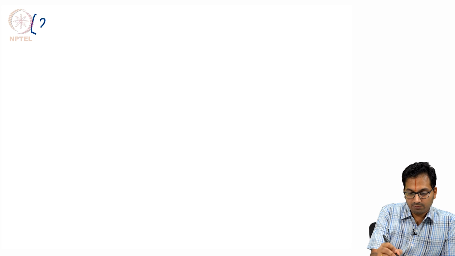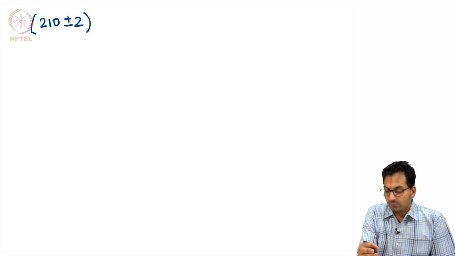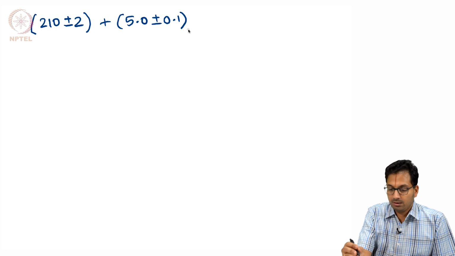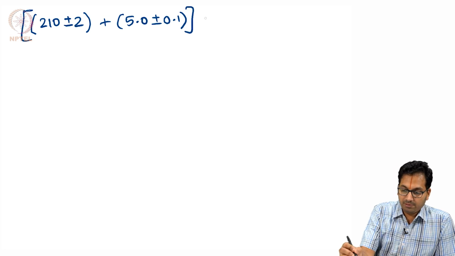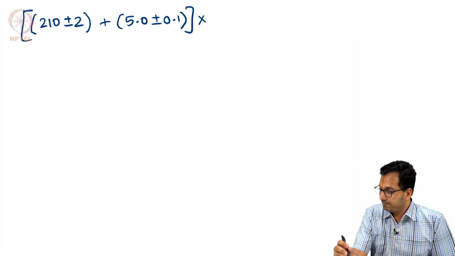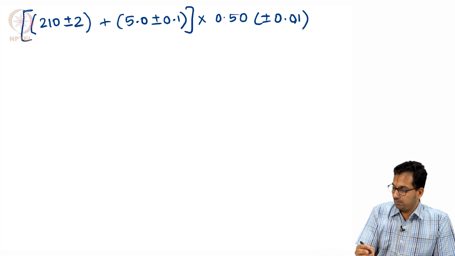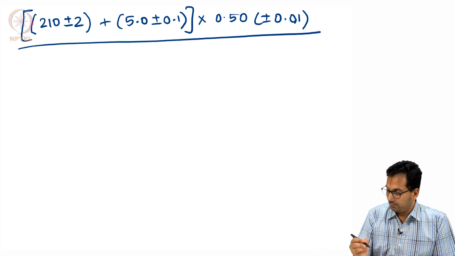Let us try to calculate what is 210 plus minus 2 plus 5.0 plus minus 0.1, the whole multiplied by 0.50 plus minus 0.01 divided by.